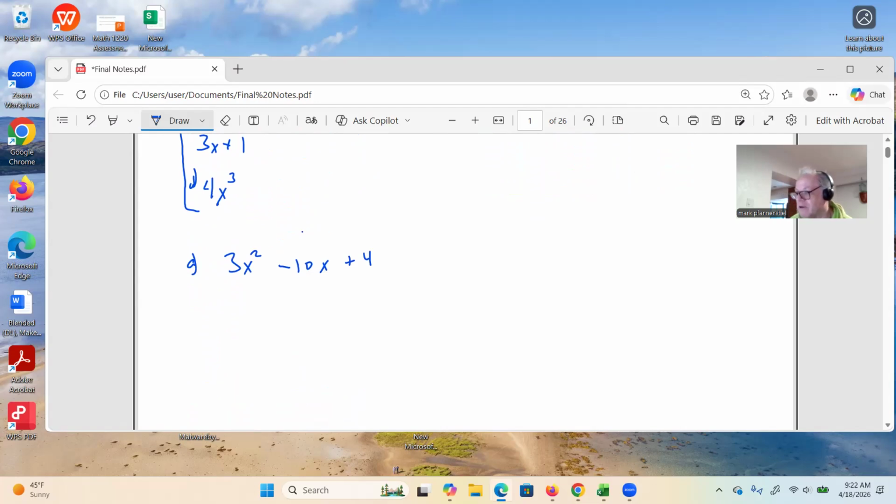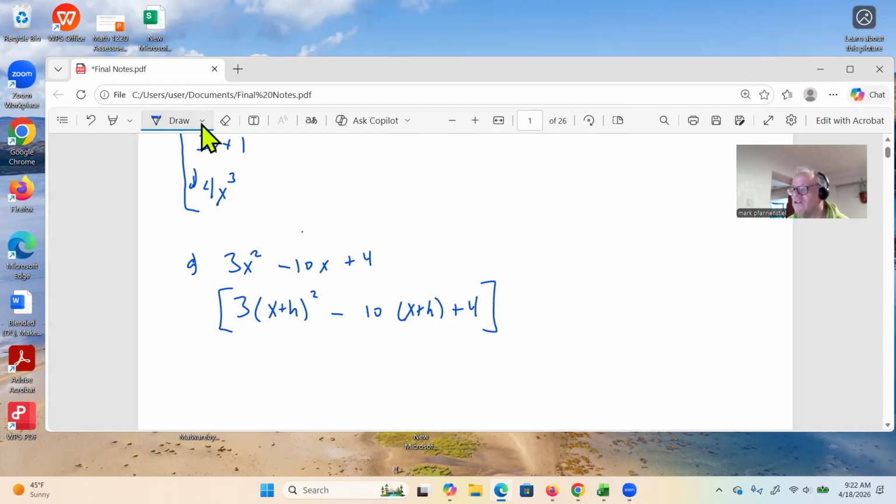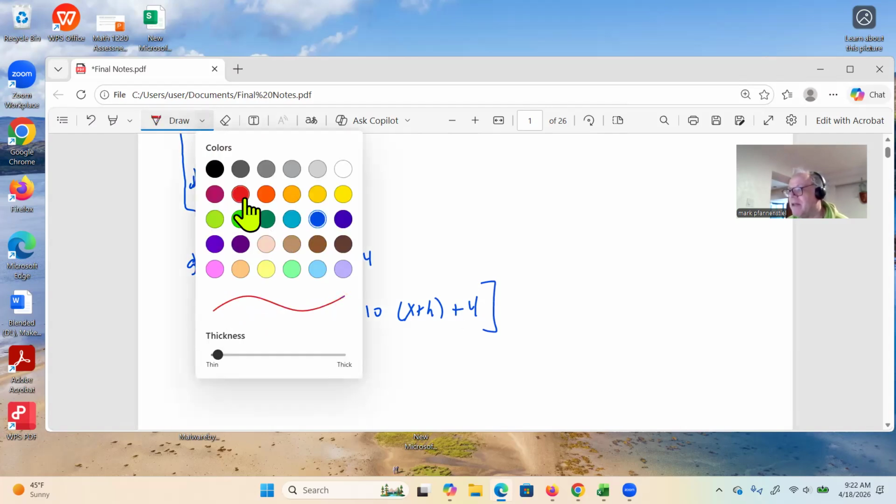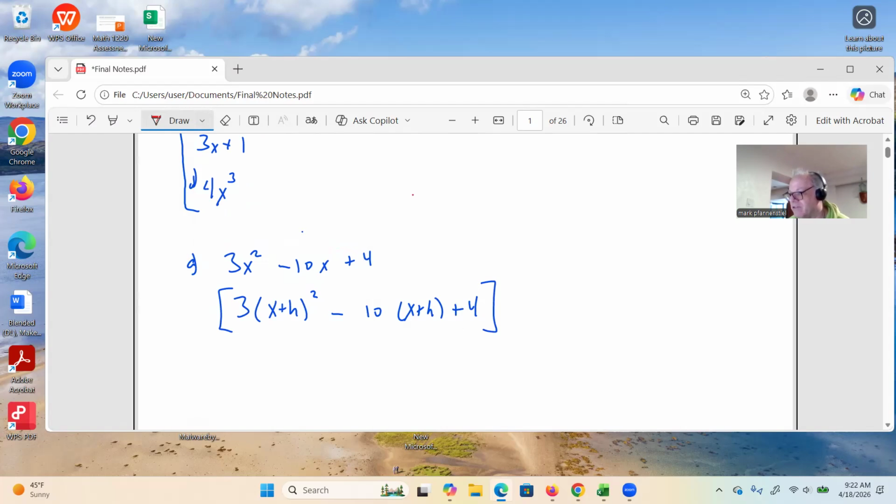So what we're going to do is we're going to say 3(x plus h) squared minus 10(x plus h) plus 4. Right? That's our f of x plus h business. This little piece here is f of x plus h.